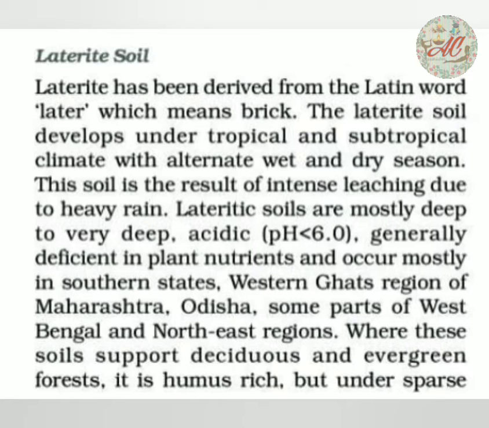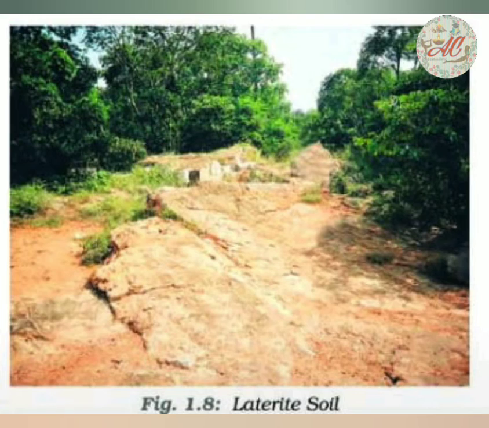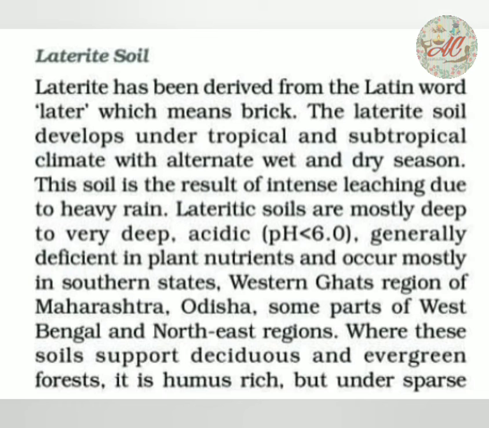Humus content of the soil is low because most of the microorganisms, particularly the decomposers like bacteria, get destroyed due to high temperature. Laterite soils are suitable for cultivation with adequate doses of manures and fertilizers. These soils are mainly found in Karnataka, Kerala, Tamil Nadu, Madhya Pradesh, and the hilly areas of Odisha and Assam.